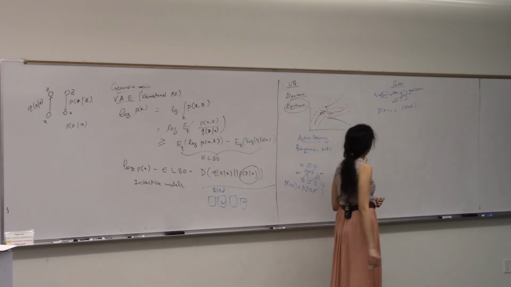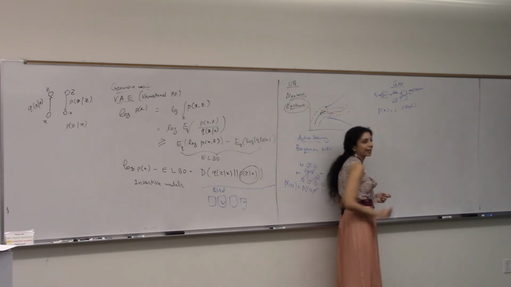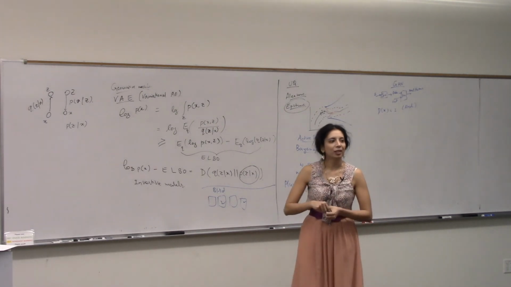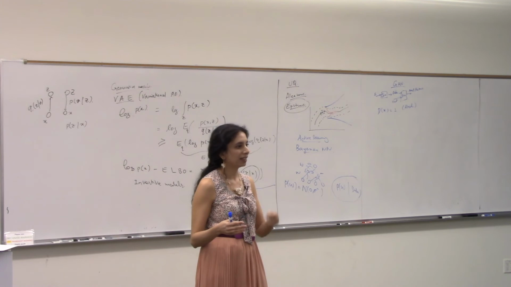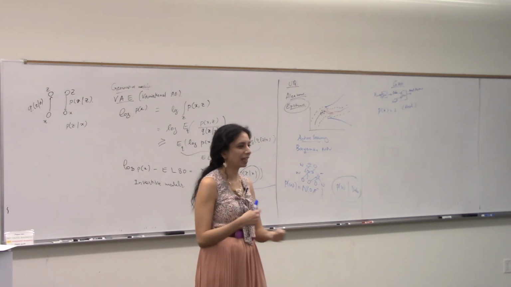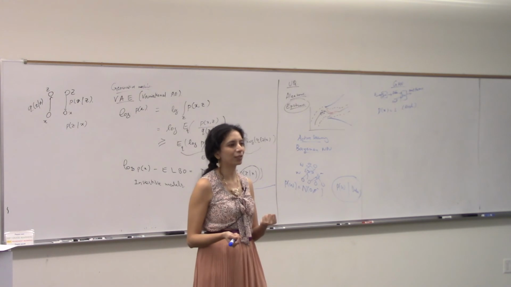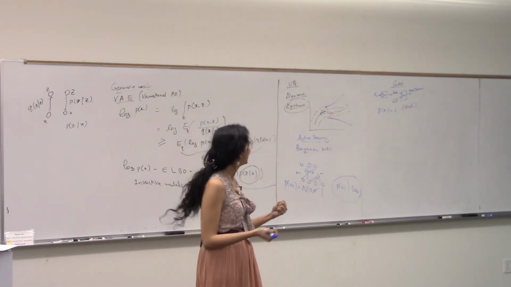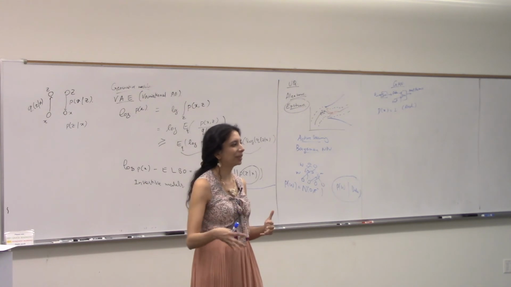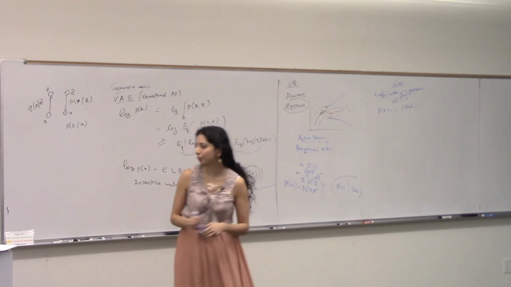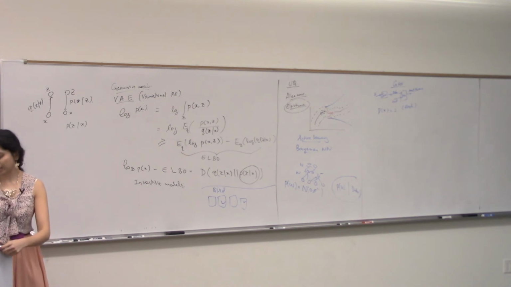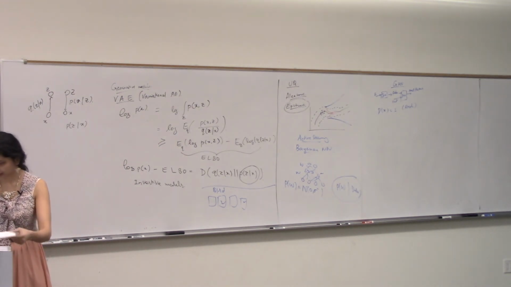I want it to maximize its answer, so I want my discriminator to be as accurate as possible. And I also want my generator to try to fool the discriminator. That's why this is a competition. The generator tries its best to make the fake image look like a real image, and the discriminator does its best to discriminate the two. So this is a minimax objective, and we want to ask how do we optimize this well.